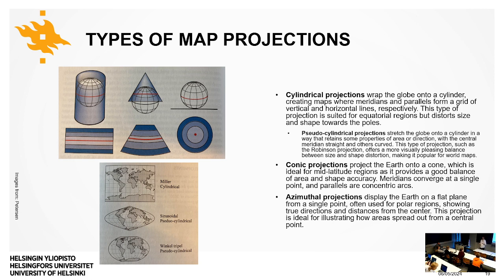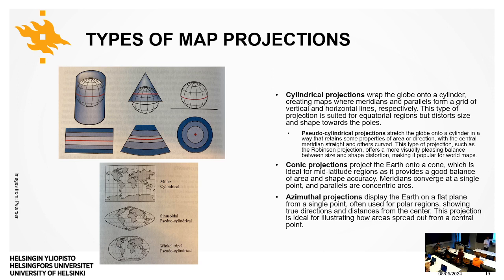But I'm focusing on this course. Generally, what happens is we use a surface, and then we project our world onto that surface. Cylinders and cones are examples of how this is usually done. Each of them has certain characteristics. We have the cylindrical projections that wrap the world into a cylinder, and there are also pseudo-cylindrical projections, which are a bit changed.